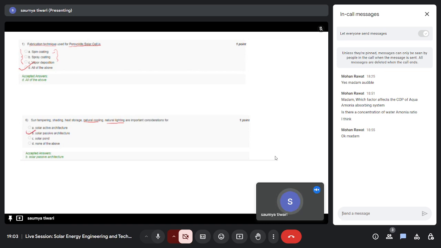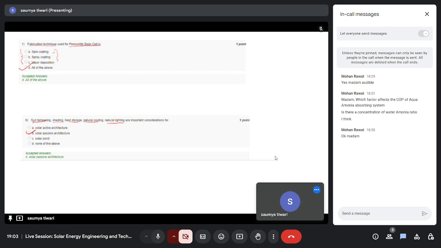We are not using any mechanical aid in this system. I think the difference between solar active and passive architecture is clear.